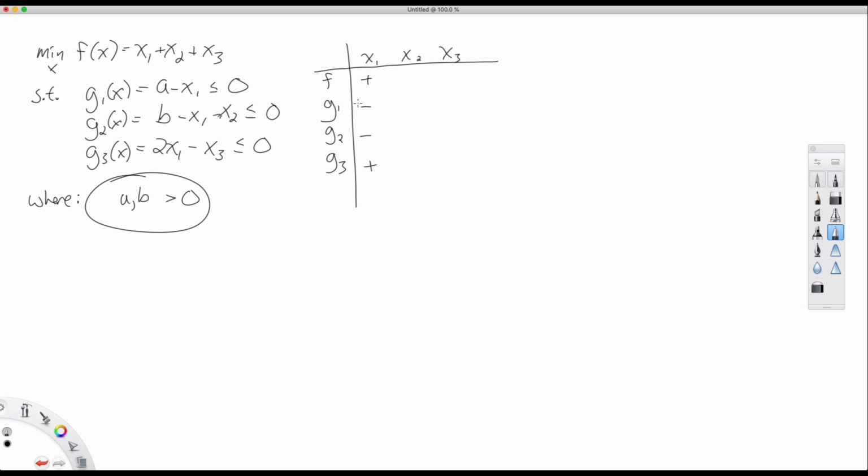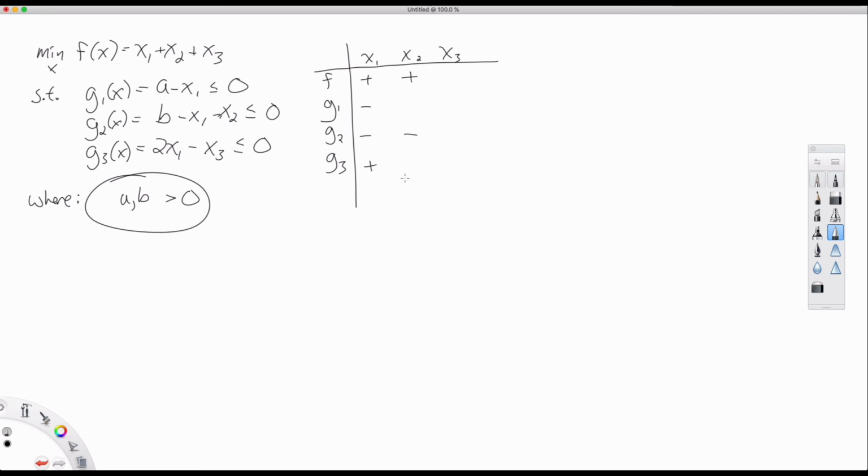Let's have a look at x2. F is monotonically increasing with respect to x2. And then if we look at the constraints, we can see that only g2 depends on x2. It's monotonically decreasing with respect to x2. In all of the other slots under x2 where there's not a relationship, I leave that blank.